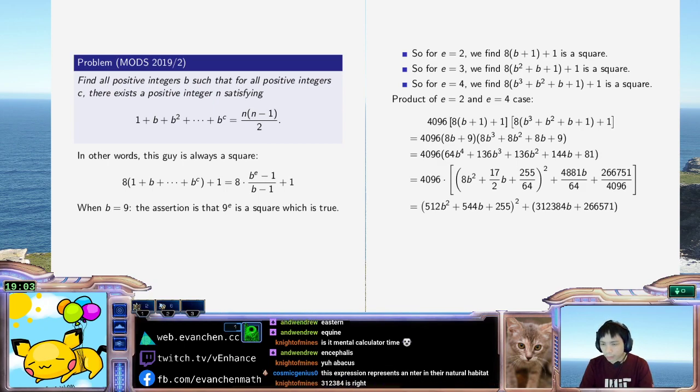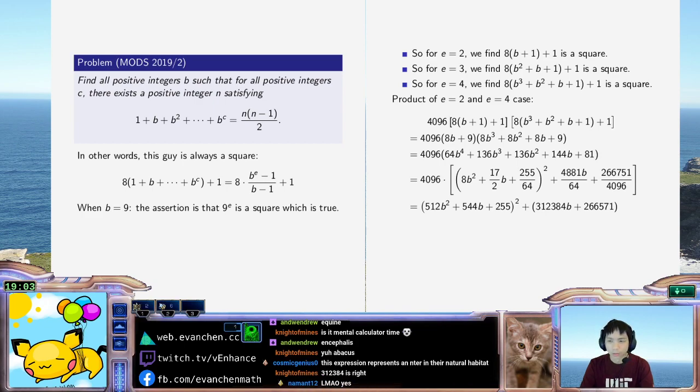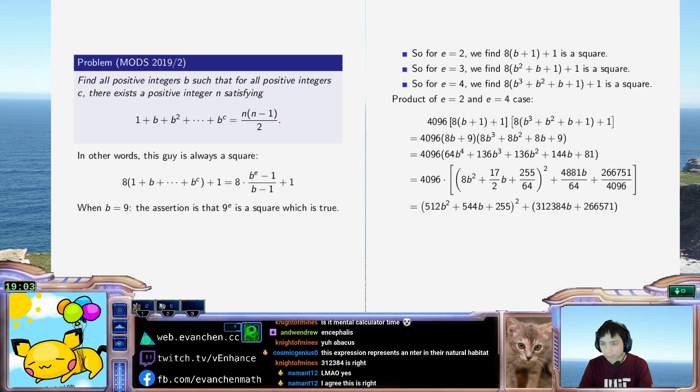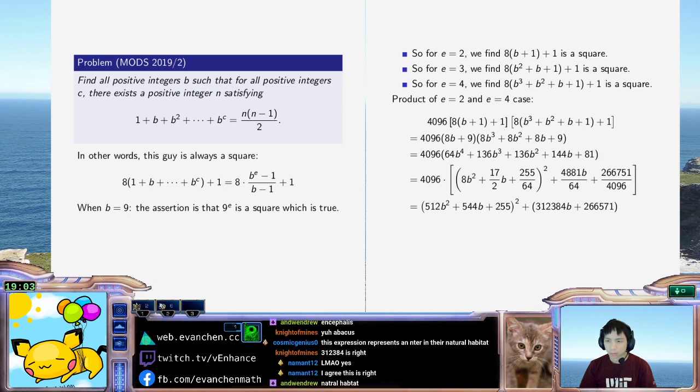Okay, so this is trapped between that giant quantity squared and, what do I know? This should be a perfect square.